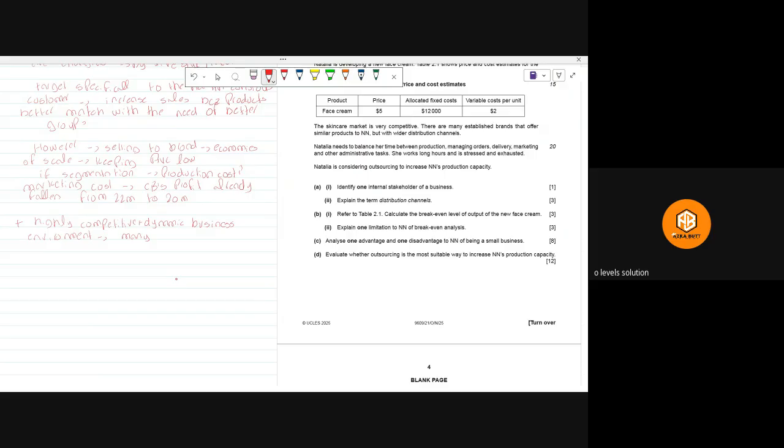Okay. So many competitors are targeting similar customers. So it means that through segmentation, CB could create tailored marketing campaigns.